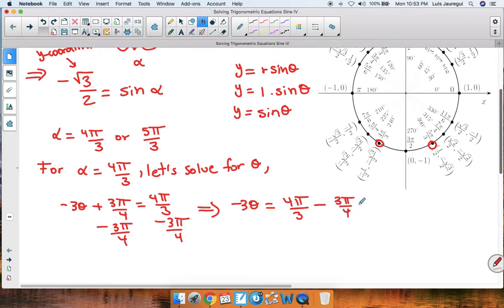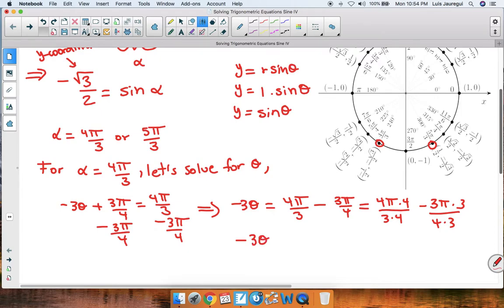Now, looking for the same denominator, we can say that the common denominator is 12, so this is going to be rewritten as 4 pi times 4 divided by 3 times 4 minus 3 pi times 3 divided by 4 times 3. Now that gives us the following equation.